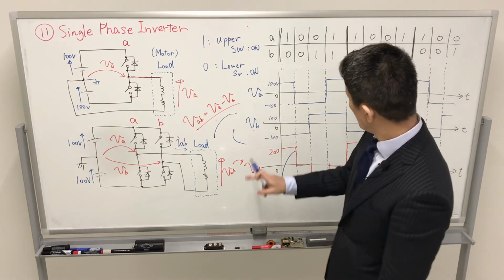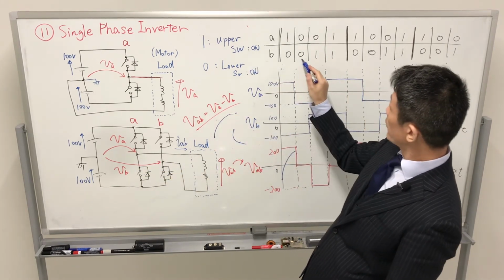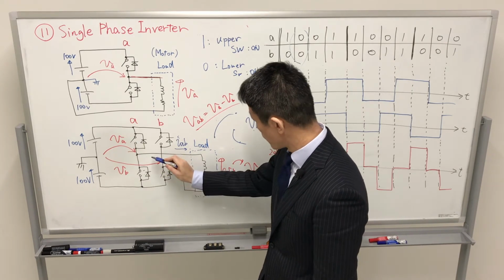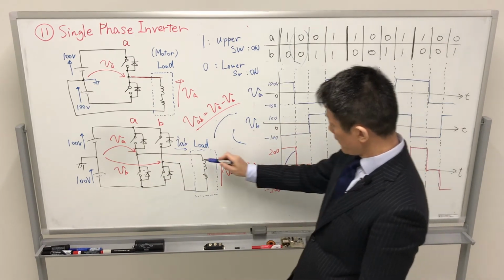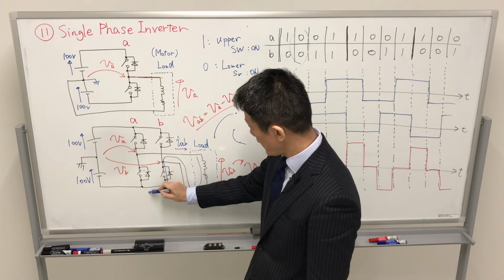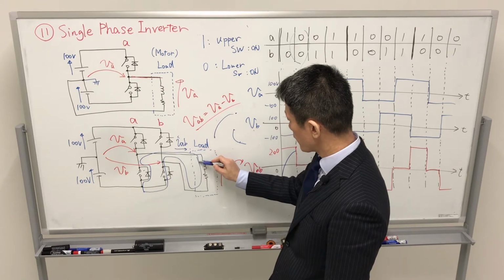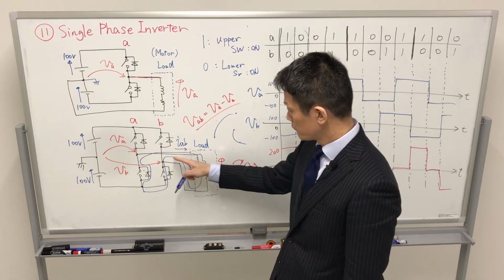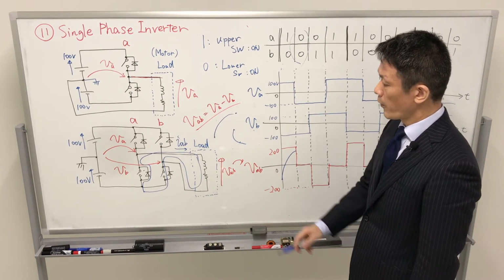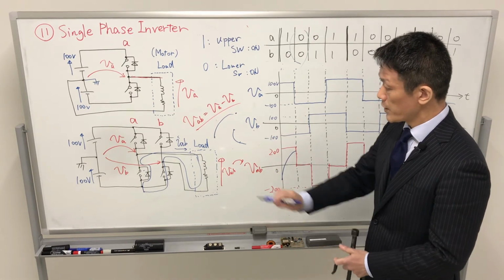That means the lower switch is on. 0 means the lower switch is on. So the plus current flows through this one that is on, and using the diode, the current flows through this loop.